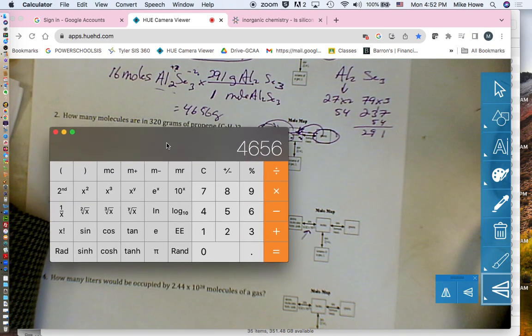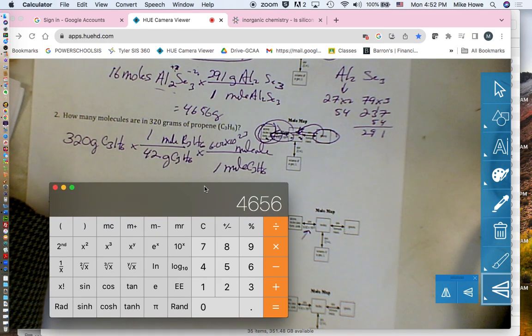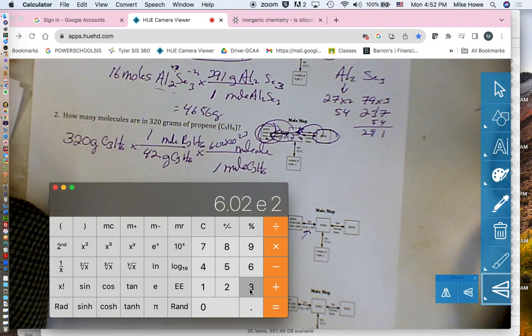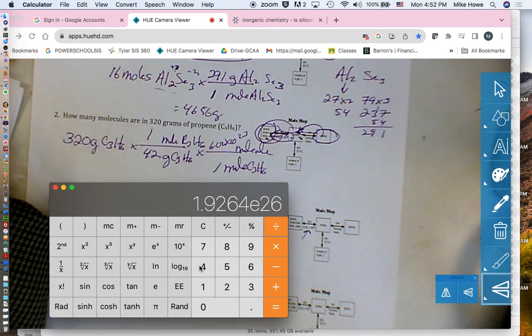All right, on your calculator, you're going to multiply 320 times 6.02. Then remember, you don't ever type in times 10. You use the EE key. 23. Okay, that equals. And then we're going to divide by everything we see on the bottom, which is just a 42.